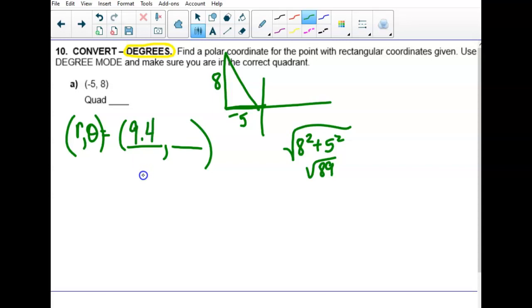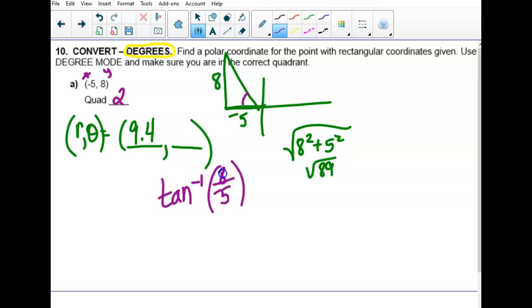And then theta is in quadrant what? 2. So inverse tangent. Now, what am I doing inverse tangent of? 8 over negative 5. This angle opposite over adjacent, or y over x from up here. In degrees.